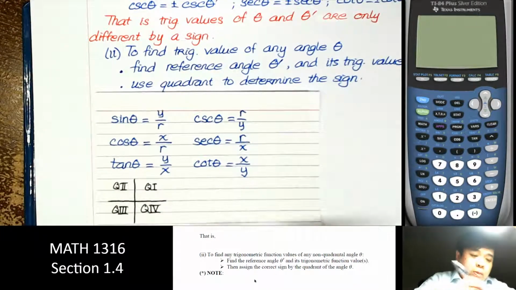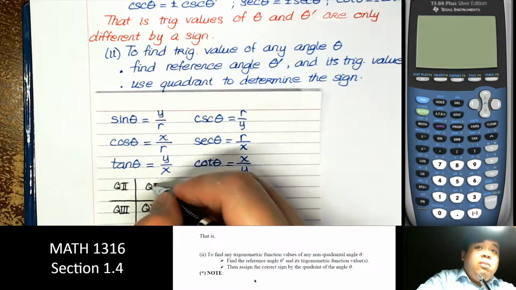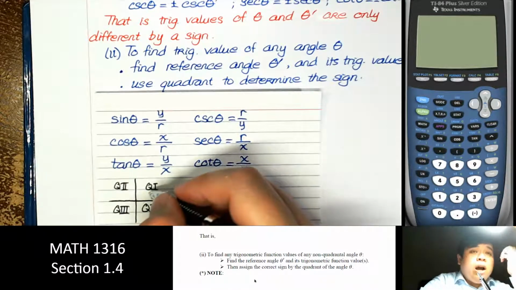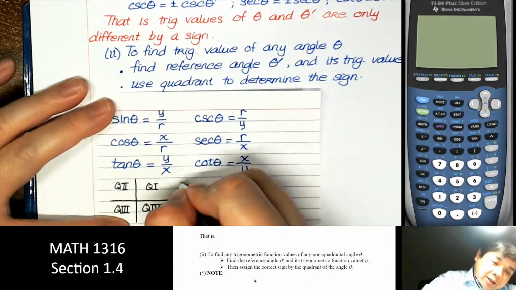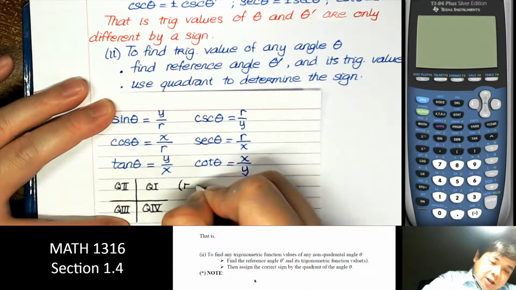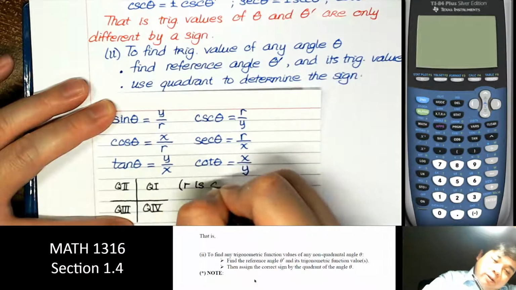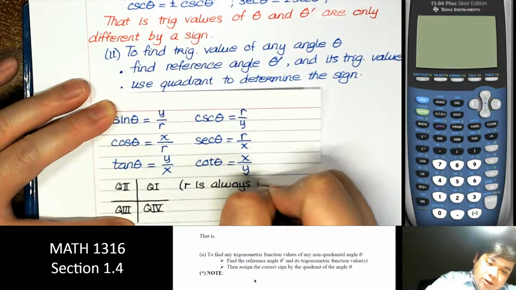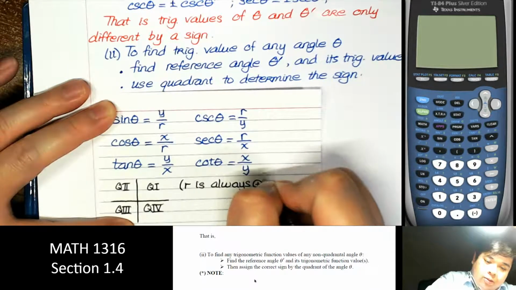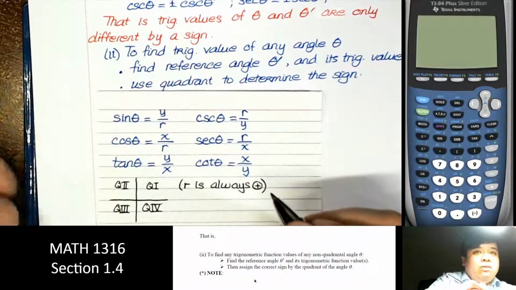So if we know the point in the quadrant, we can determine if x, y could be positive or negative. r is always positive. x and y could be positive, could be negative.